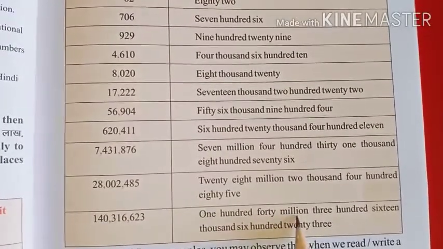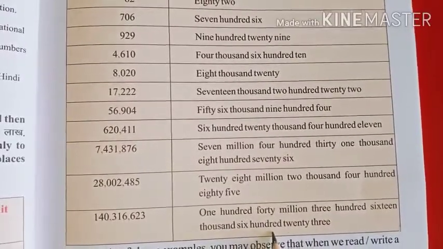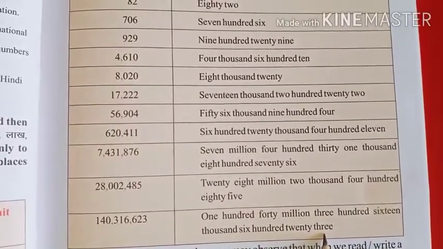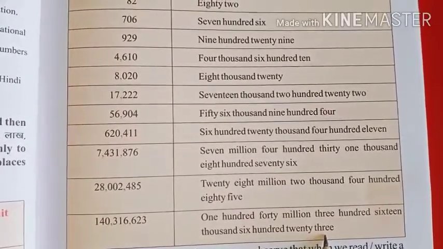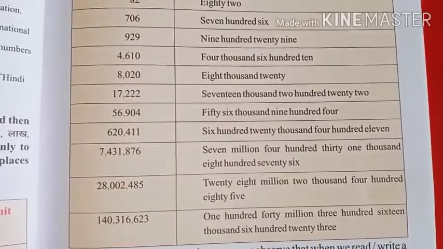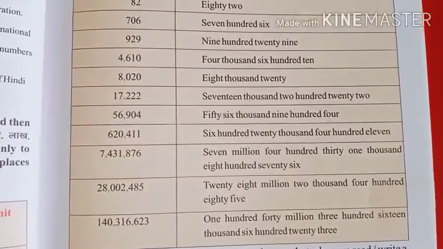See, 114 million, 360,000, 623. Okay, do you understand how to read and how to write this, and after which places we put a comma in the international system? Do you understand very well or not?